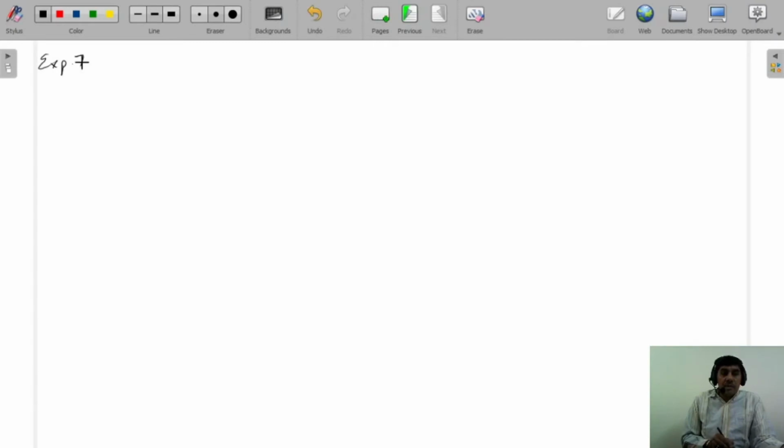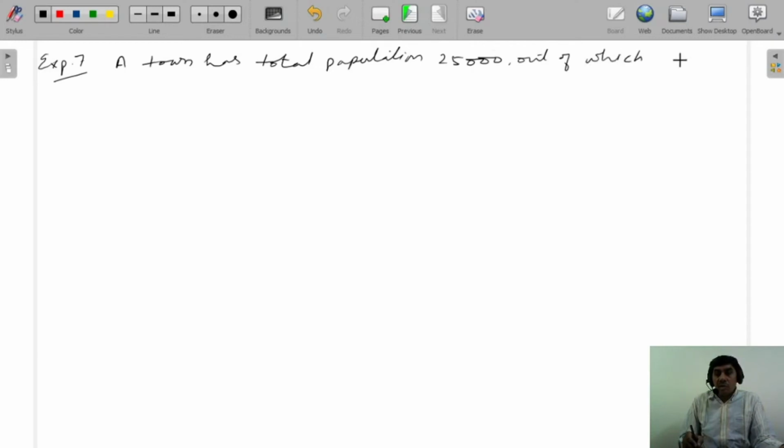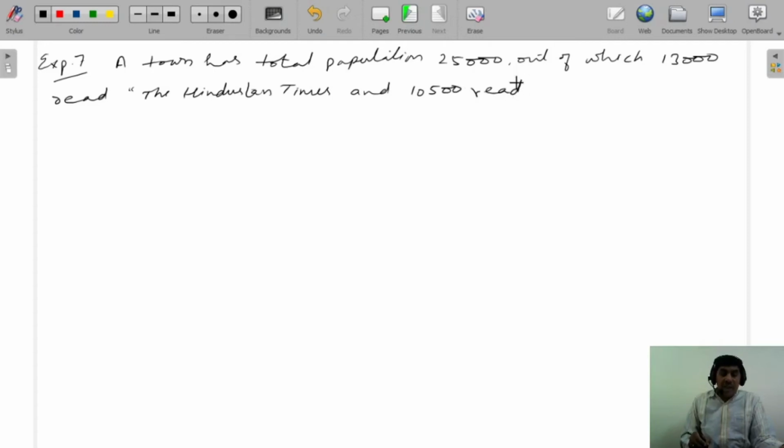Next example, 7th. A town has a total population of 25,000, out of which 13,000 read the Hindustan Times and 10,500 read the Indian Express.